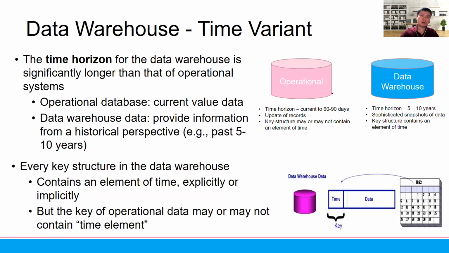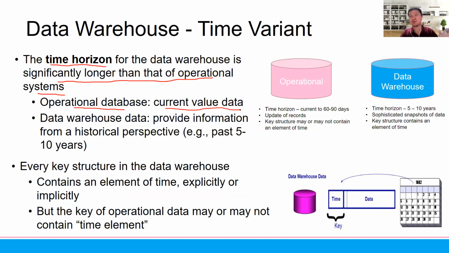The other characteristic is about time variant. Time variant means the time horizon that we want to see. The time horizon for the data warehouse is significantly longer than that of the operational system. What does it mean? If you are dealing with the operational database, you will use current value data.